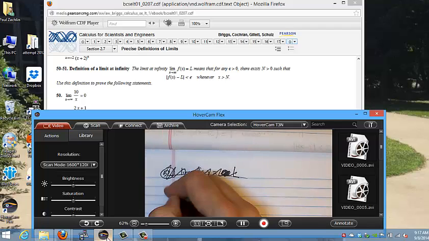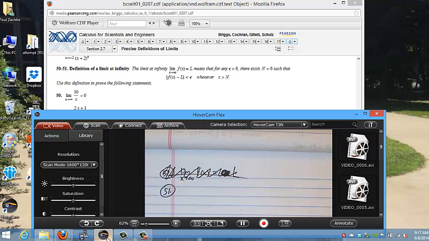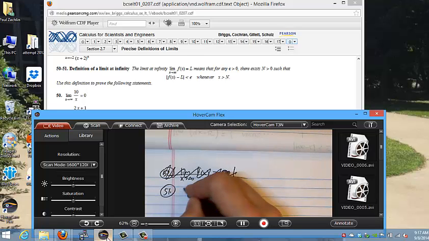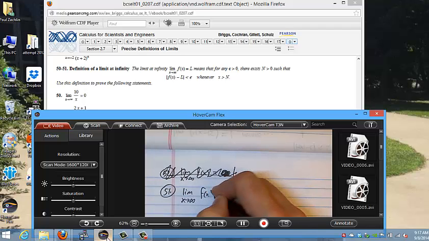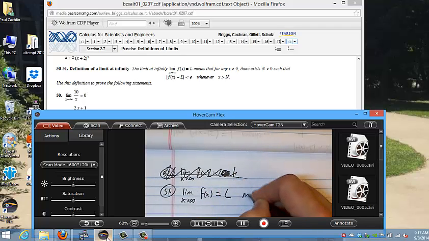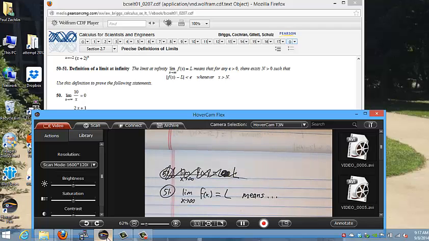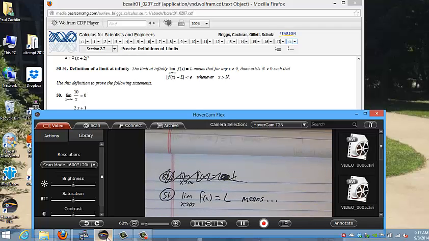So in 51, if you look at the directions where it says definition, we have the limit as x approaches infinity of f of x equals L means, now really, this is only slightly different than the definition I gave you, right? What's the only change in this statement at all?